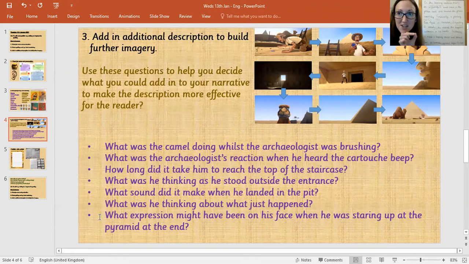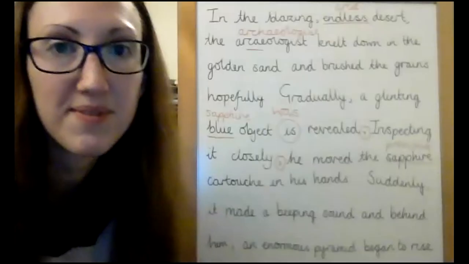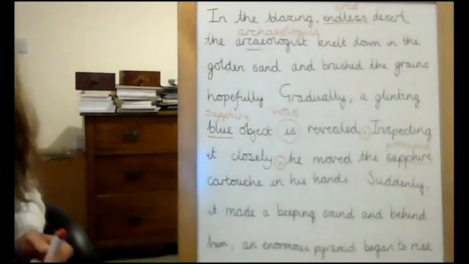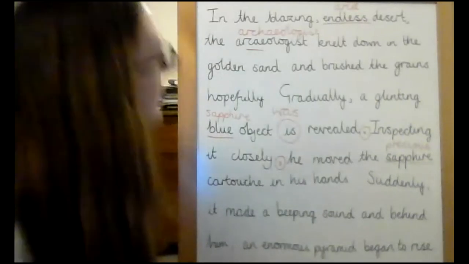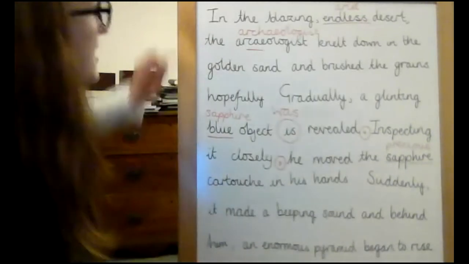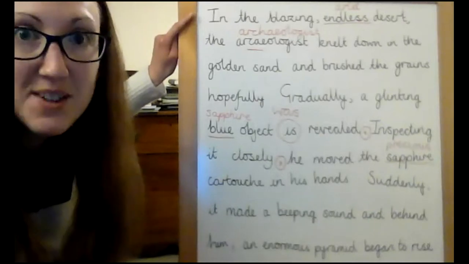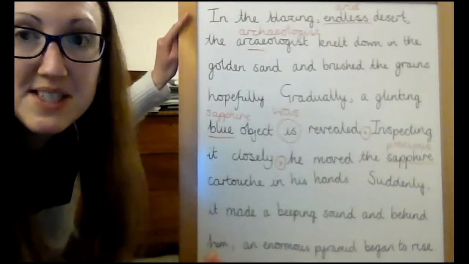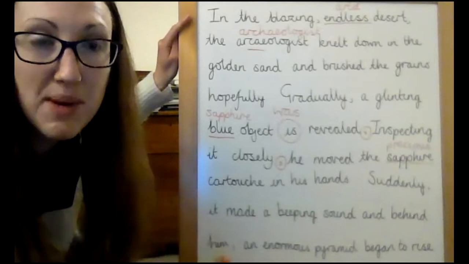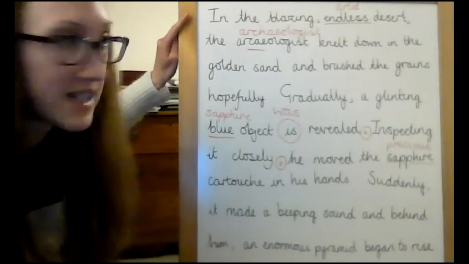I'm going to see if there's any extra little details I can add in to build the imagery further. Okay, right then, here we go. I'm going to reread it with the changes, and stop whenever I think there's a place to be improved here. So anything to add in.